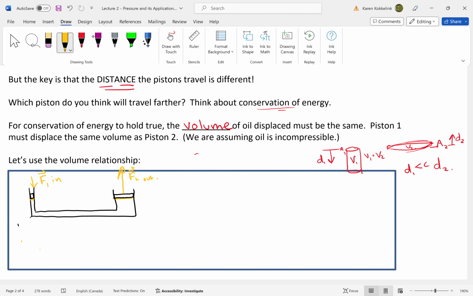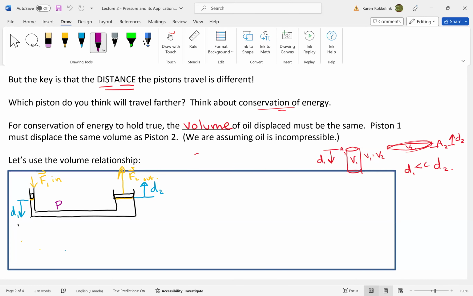But instead of just talking about area, let's look at the displacement. Let's call this D1, positive displacement D1. I'm going to draw this one in the positive direction as well, D2. If I label D2 like this, it would just simply come out negative, which is fine as well. We just have to use common sense about where things are moving.